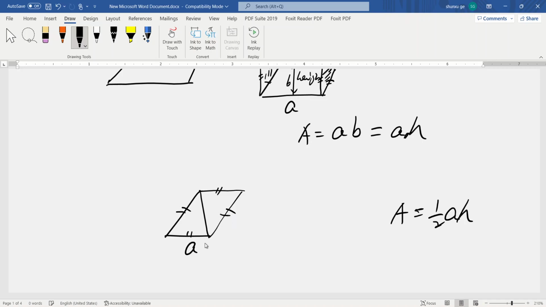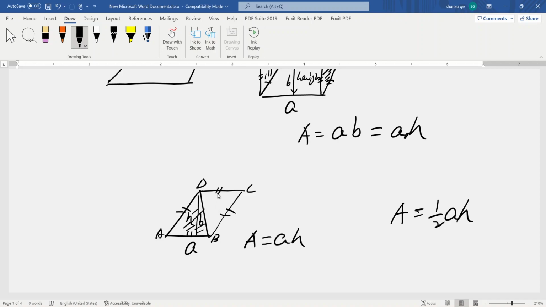So we know the easier formula: the base is A and the height is H. For the parallelogram A, B, C, D, the area is A times H. But the original picture is just a triangle.